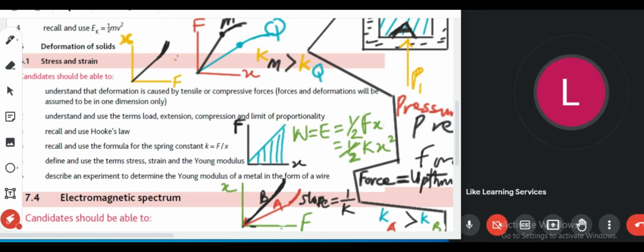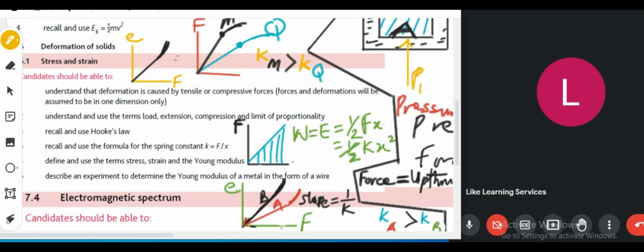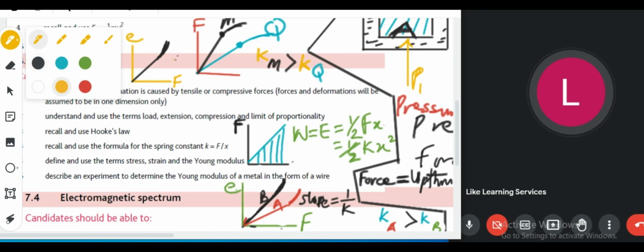So a graph of extension over F, as we have said, gives a slope of 1 over K. Remember, X stands for extension. We can as well call it extension against F. All of these are extensions against F. Extension against F, or F against extension.